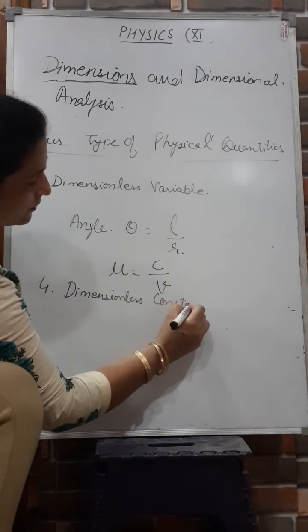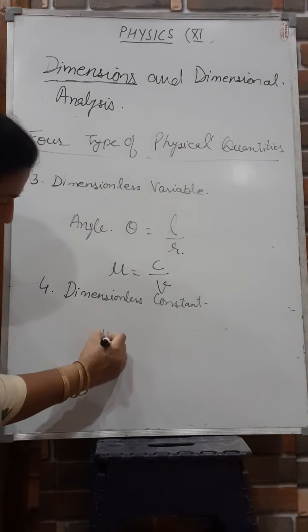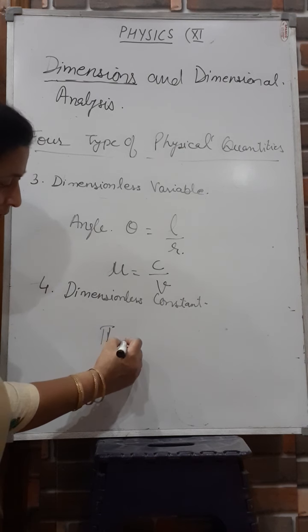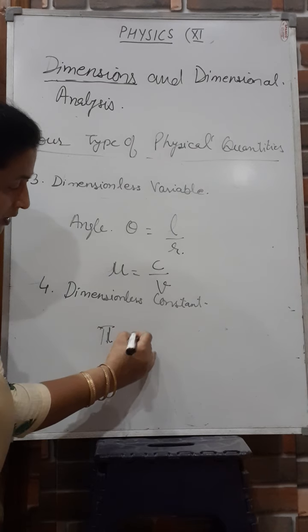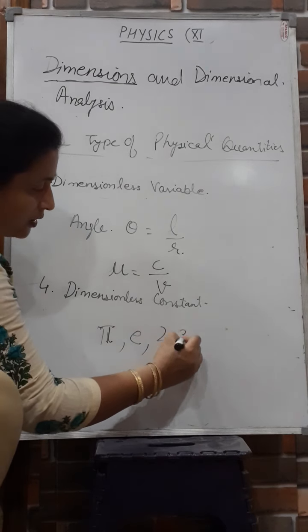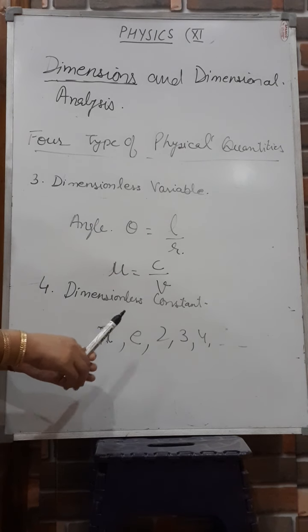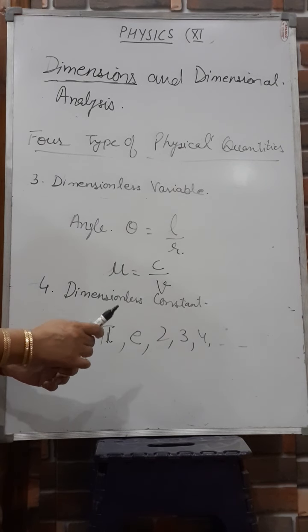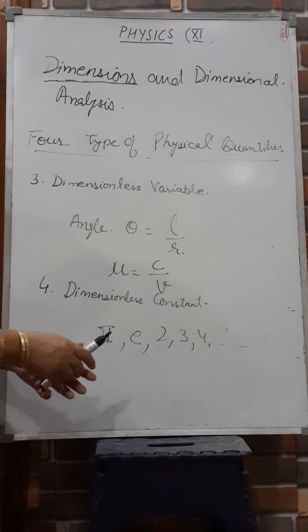Dimensionless constant means it does not have dimension but the value is constant. For example, e, 2, 3, the numbers 4 and so on. They don't have dimensions and are constants. That's why this is called dimensionless constant.